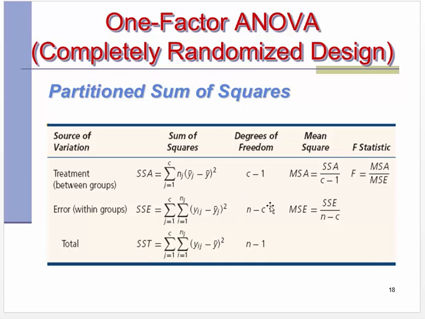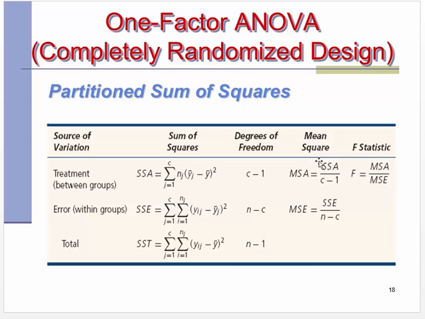For sum of squares error, the degrees of freedom is N minus C. You can see that C minus 1, the degrees of freedom between groups, plus N minus C, the degrees of freedom within groups, equals N minus 1, because the C cancels out, leaving N minus 1.